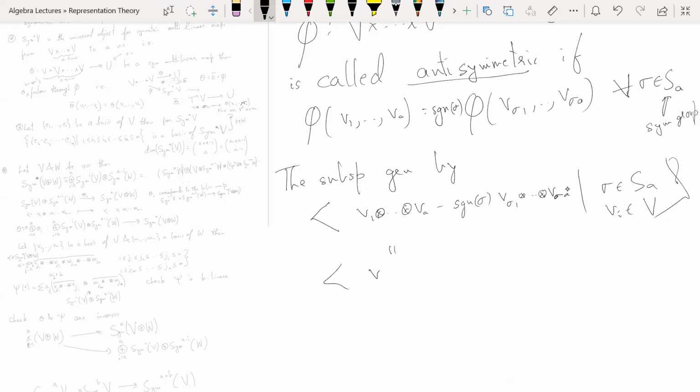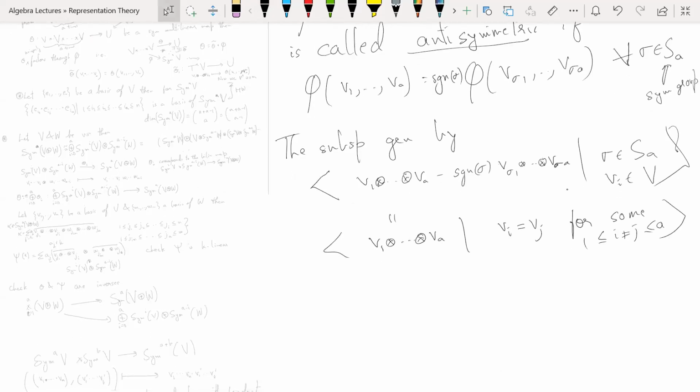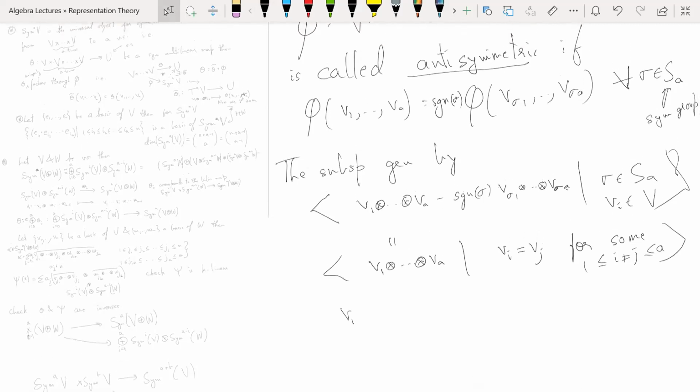This is the same as V1 to VA, where Vi equals Vj for some i not equal to j between 1 and A. So the first thing to note is this observation: if phi is antisymmetric, yeah, how do I say this?